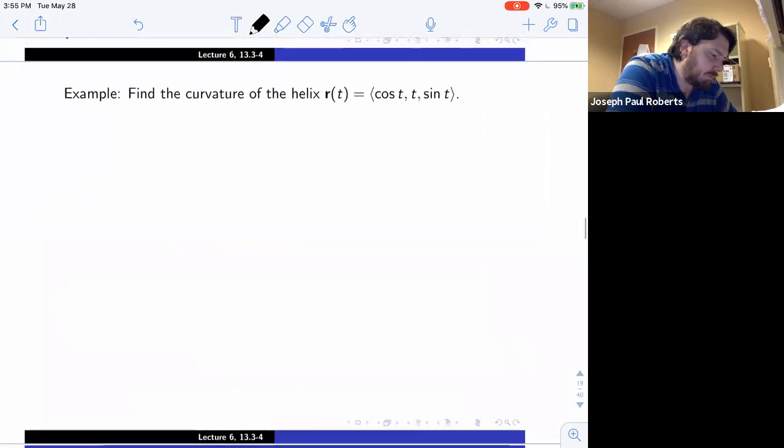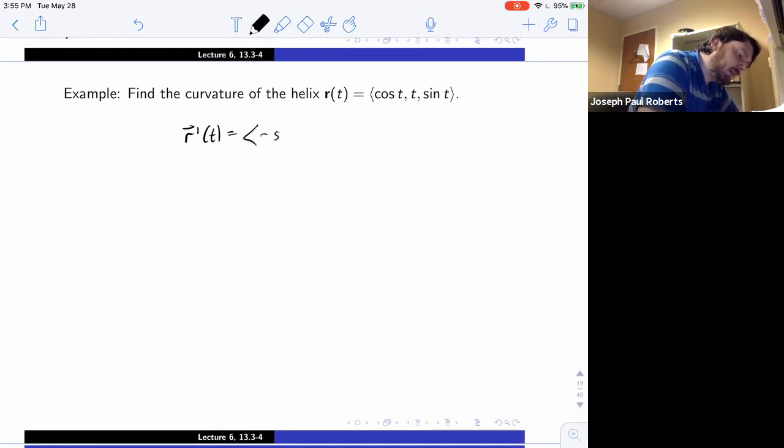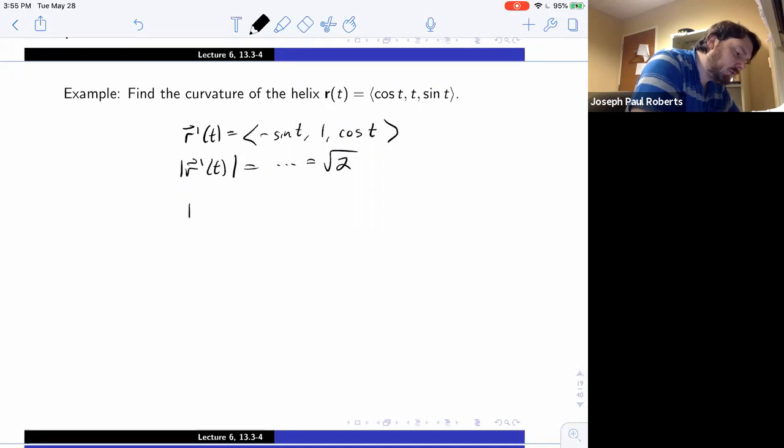And so I guess we've been working with this helix equation a few times. I'll just go through this pretty quick. It's pretty much the same calculation that we just did. Remember, we get r prime is minus sine t, 1, cosine t. The length of r prime we've seen before is the square root of 2.